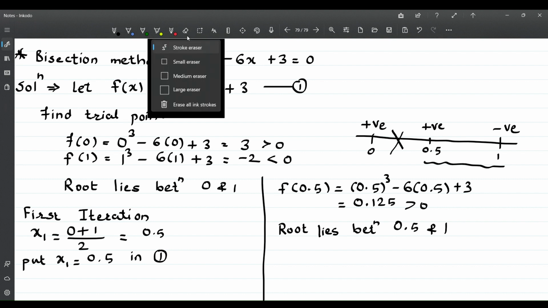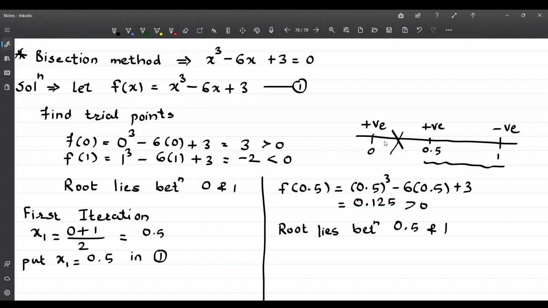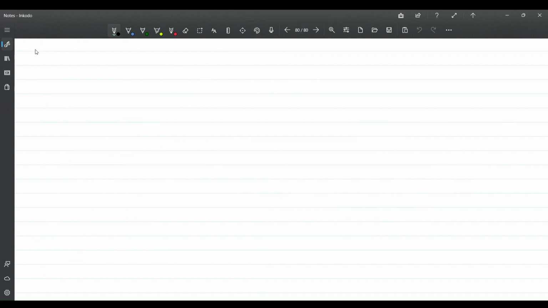What do we have to do here next? We have to find the midpoint of these two trial points. New trial points are 0.5 and 1. So we'll go to the next step, that is the second iteration.